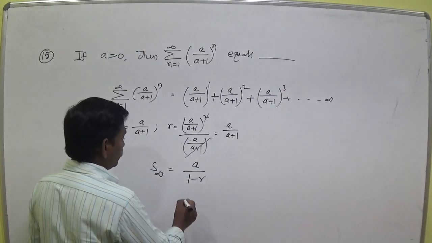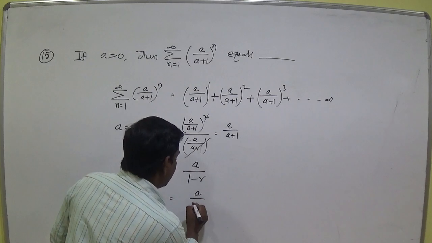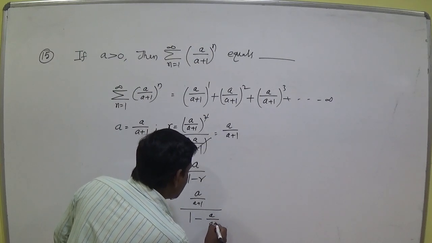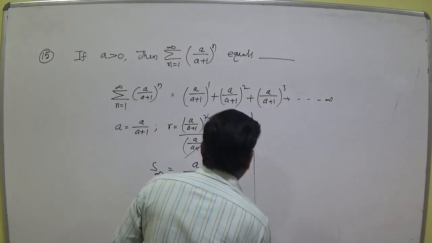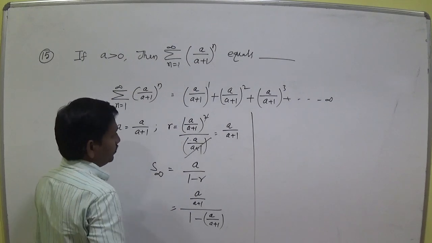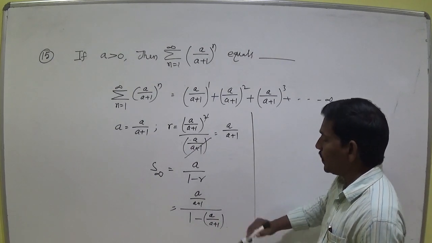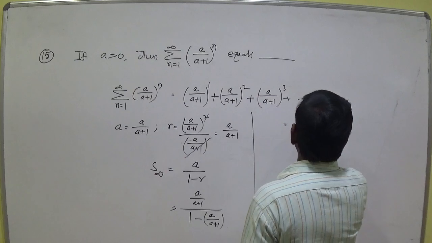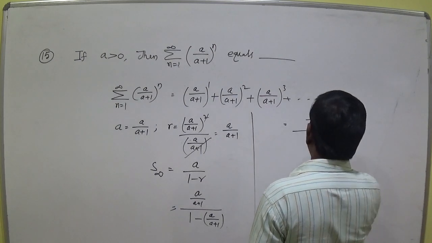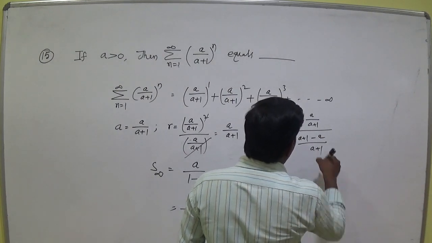And what is the a value here? A by a plus 1 whole by 1 minus a by a plus 1.